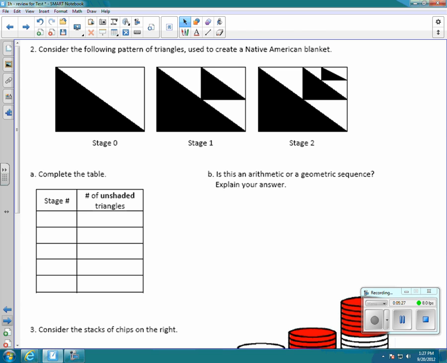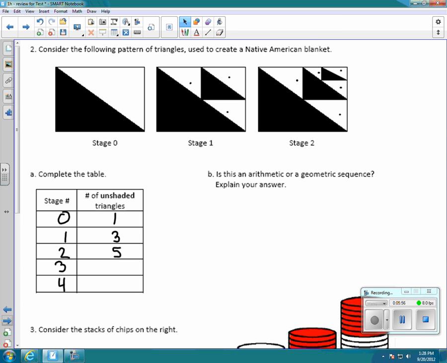So at stage 0, to me it looks as though we have one unshaded triangle. In stage 1, if I count, we have 1, 2, 3 unshaded triangles. At stage 2, we have 1, 2, 3, 4, 5 unshaded triangles. So in order to establish the rest of the stages, stages 3 and 4, we need to figure out the pattern here.